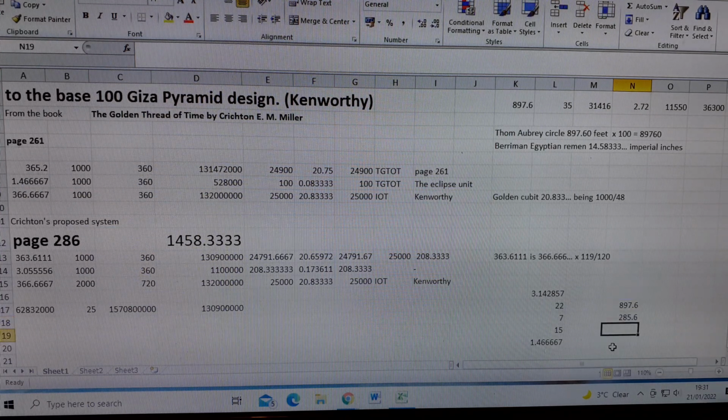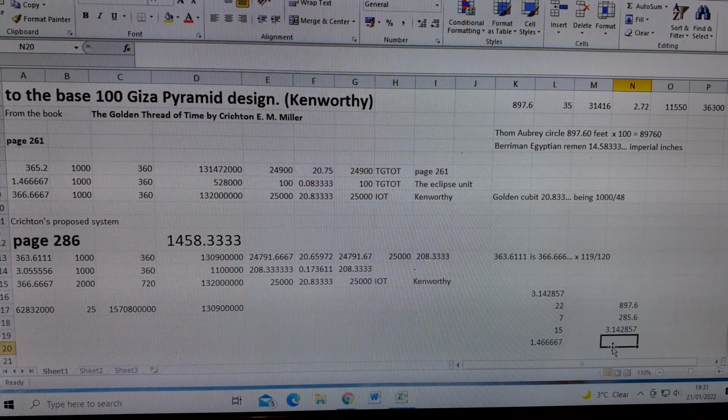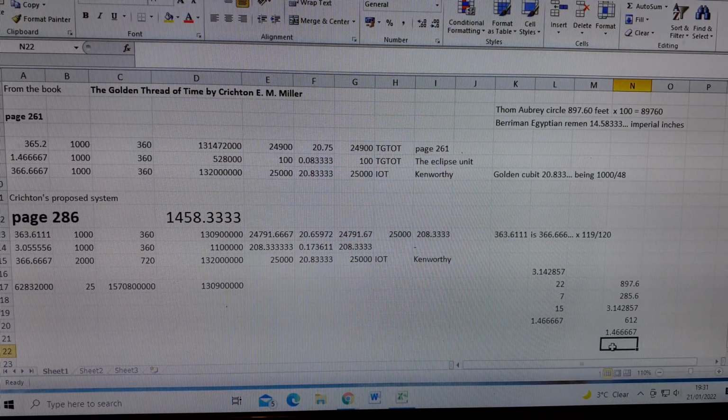So that's the diameter, 285.6. Take those off each other. Oops, that's right, let's take them away. Sorry, that was division. We divide 612 into 897. It's always there in a 22/7 circle.